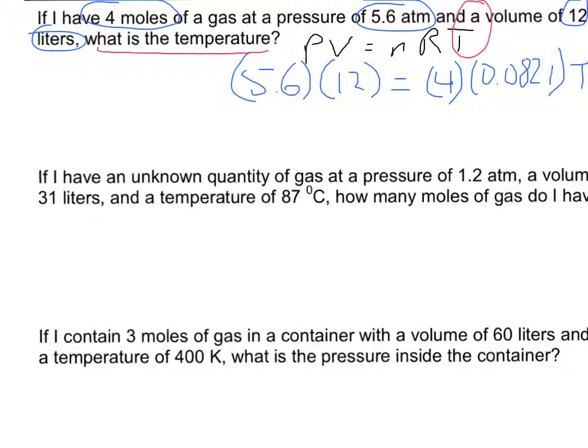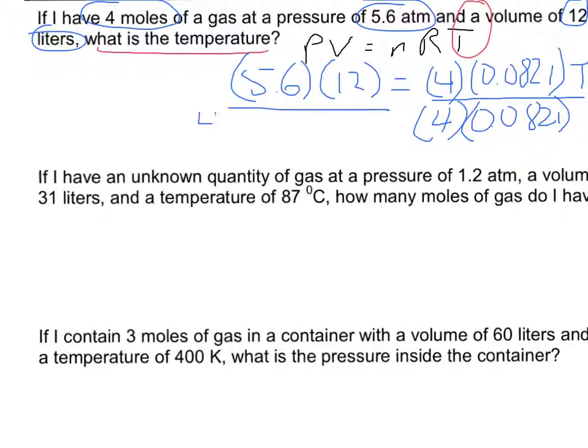So now as I do my algebra, I'm going to divide both sides by 4, and I'll divide both sides by 0.0821. The way that I do my algebra is my own personal style.